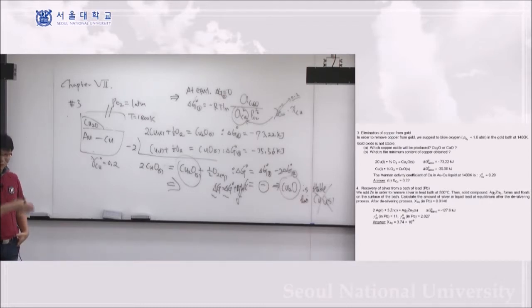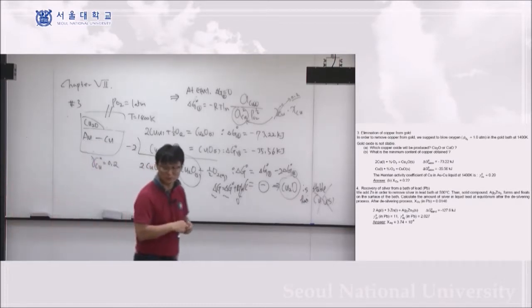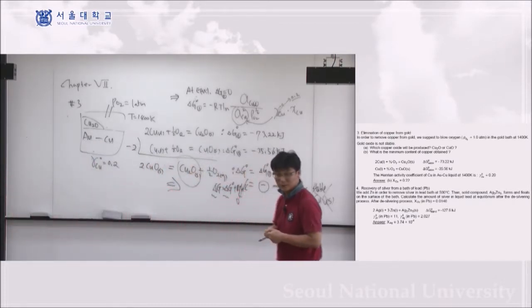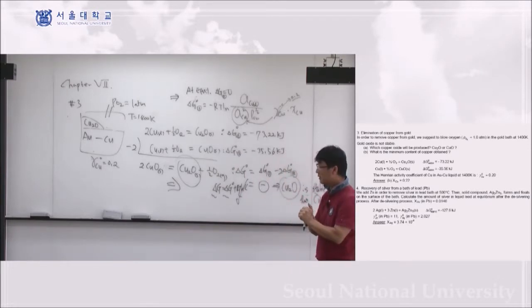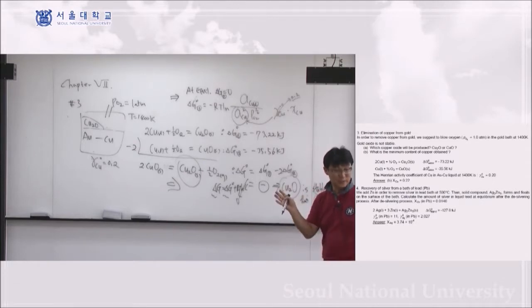If you add a couple of percent of zirconium, copper and zirconium like each other, so you can precipitate a lot of the copper. Then you have some amount of zirconium in the gold phase, and you have to think about how to remove that zirconium from the gold. That's not the solution, but you can think about it in this way too. There are many different industrial ways, and people are still developing this kind of technology. That's the very standard technology.